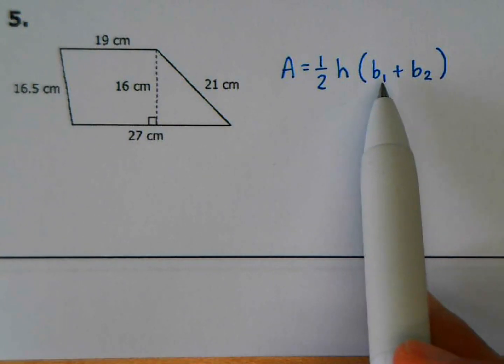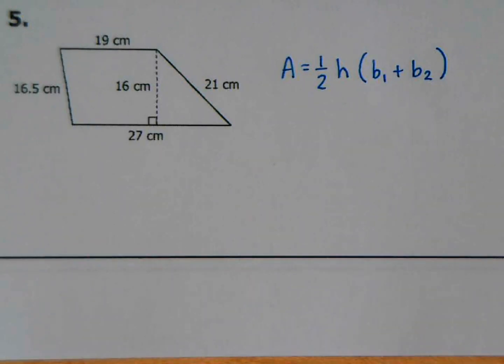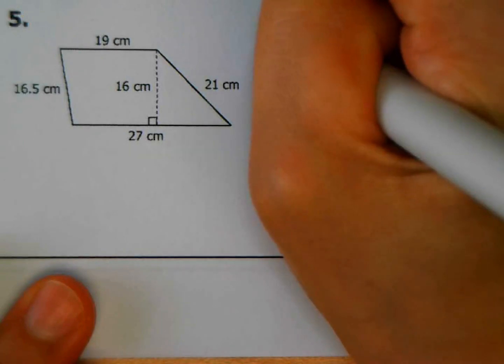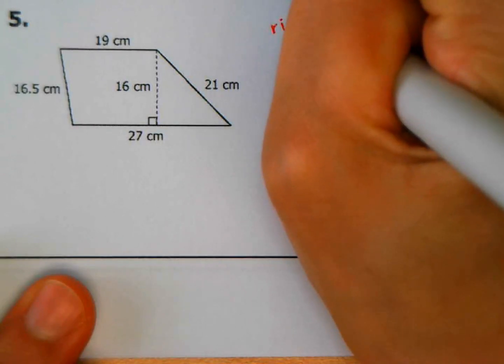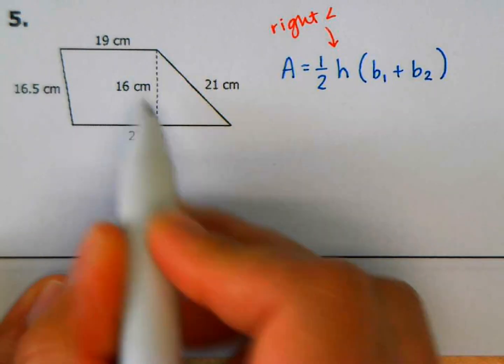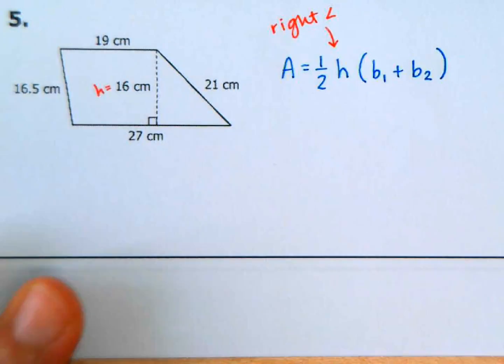You're not doing actual math or calculations with these subscripts. They're just a label: first base, second base. So here's a couple things to keep in mind. Same thing, we're looking for the right angle. In this case, here it is. Who is 90 degrees to the two sides? It's 16. So this one's going to be the height.